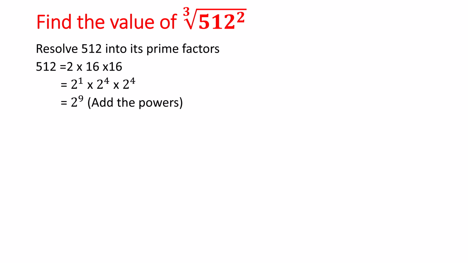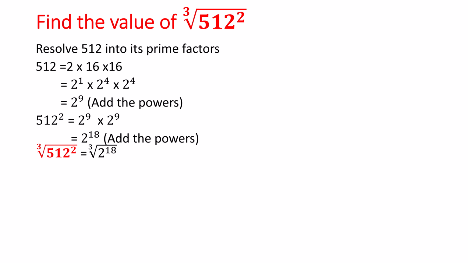By laws of indices, because the bases are the same, you add the powers 1 plus 4 plus 4 to obtain 2 raised to power 9. Now we need to get 512 squared or raised to power 2. So 512 squared is equal to 2 raised to power 9 multiplied by 2 raised to power 9, and that means that you add the powers because the bases are the same to get 2 raised to power 18.